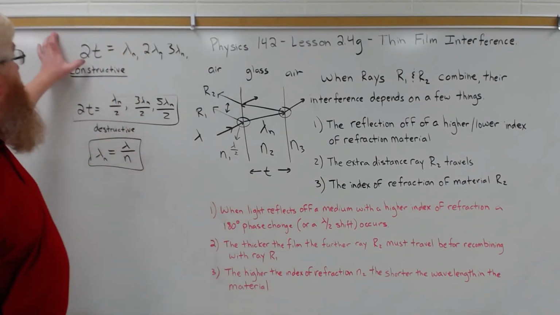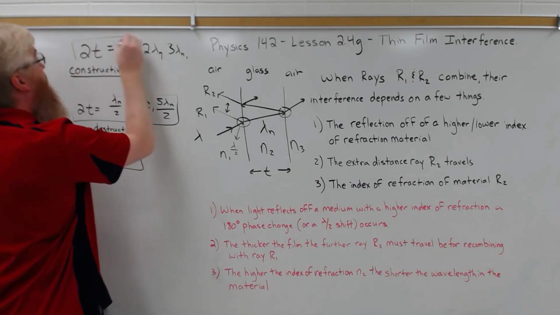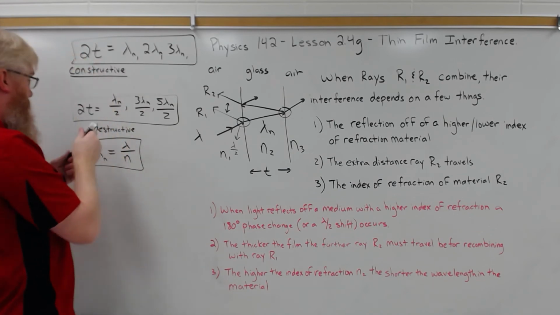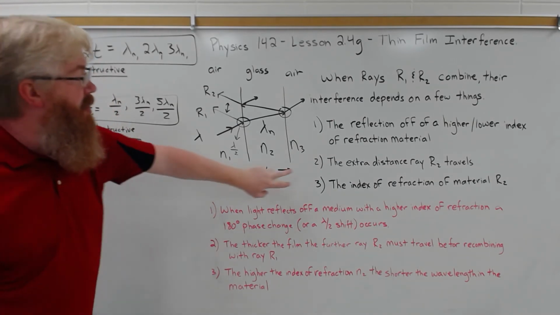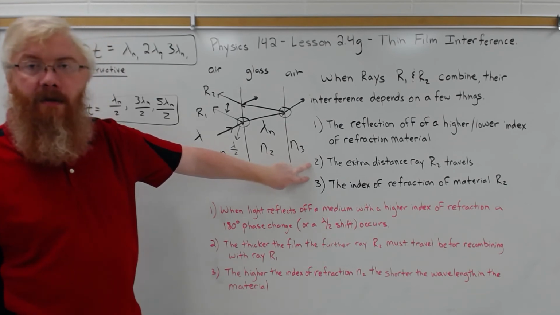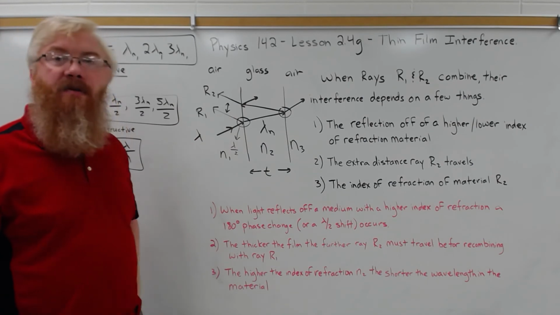So these 2 equations basically just talk about the last 2 things. For constructive and destructive interference, these 2 equations just take into account these 2 things. You then need to worry about whether or not there's phase shift due to the reflection.